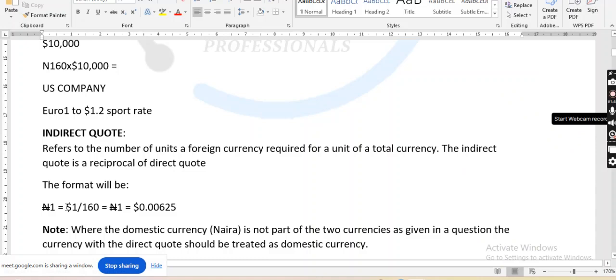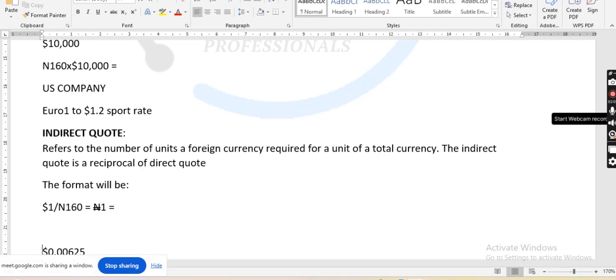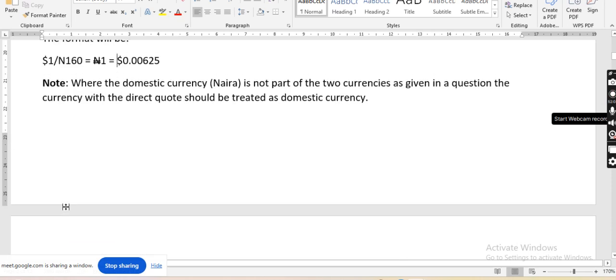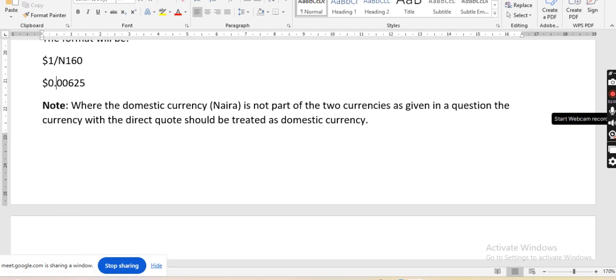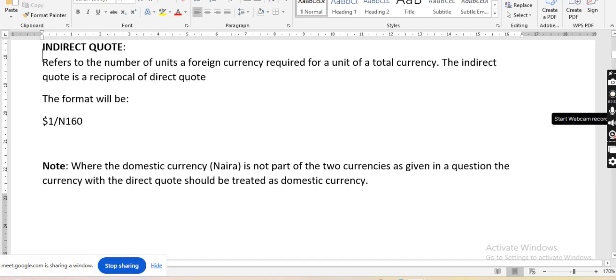Indirect quotes. Let's say we have $1 to 160, right?